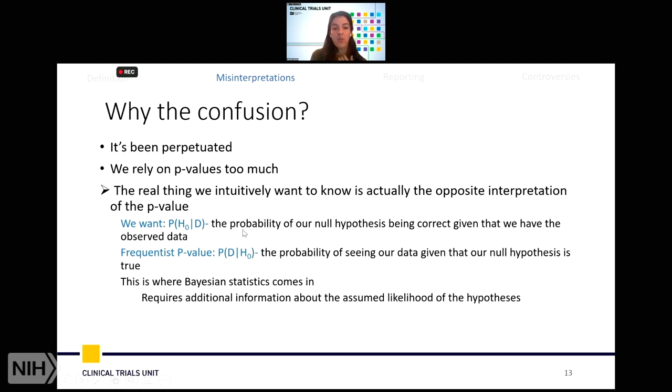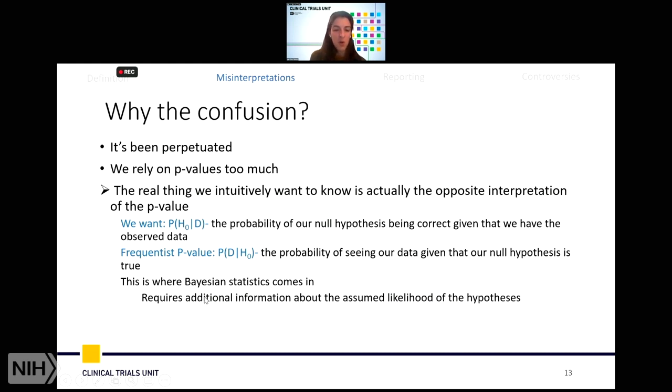What we really want to know is the probability of our null hypothesis being correct, given that we have the observed data. But the frequentist interpretation, as we've talked about, is that the p-value is the probability of seeing our data, given that the null hypothesis is true. So there's sort of the flipped interpretation.